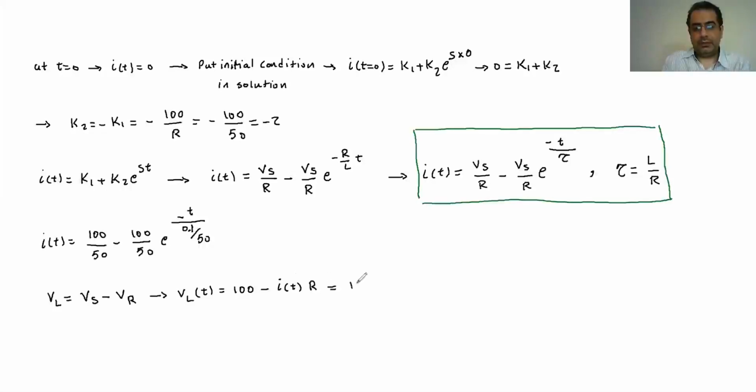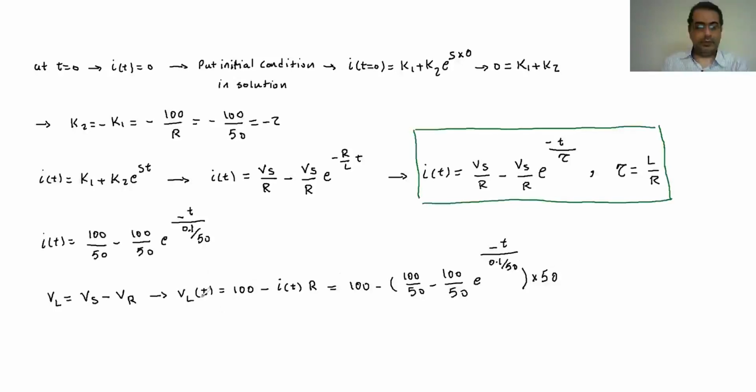So I can say it's 100 minus, and then I have the I of t here from this equation: 100 over 50 minus 100 over 50 e to the power of negative t divided by 0.1 divided by 50, times R, which is 50. And when you do that, it's going to be simplified because those 50s are going to cancel out and eventually, this is the VL over time.